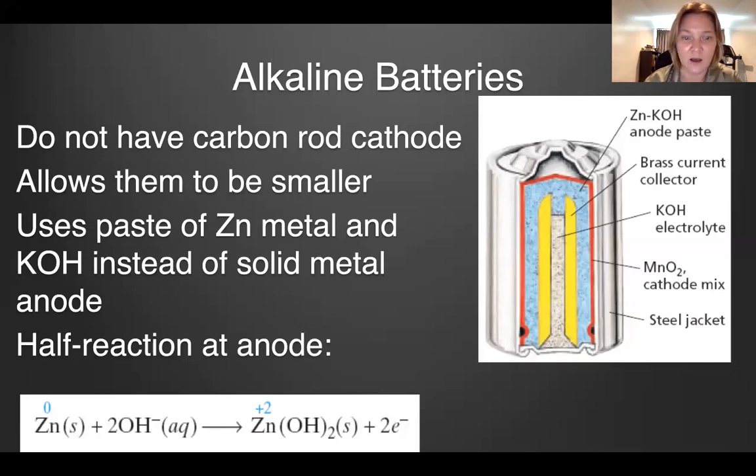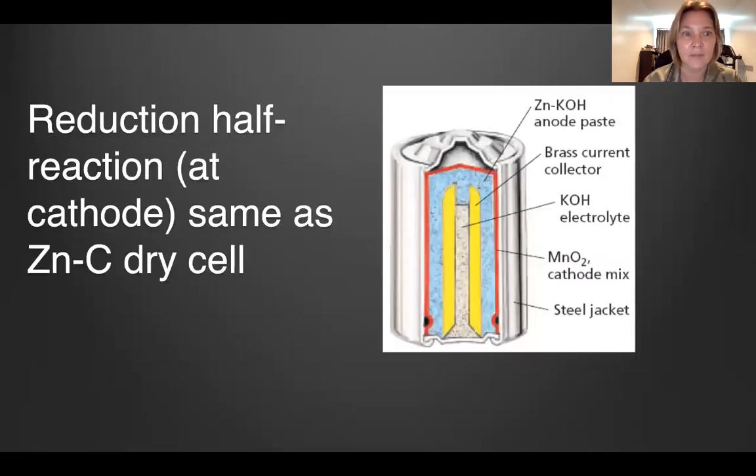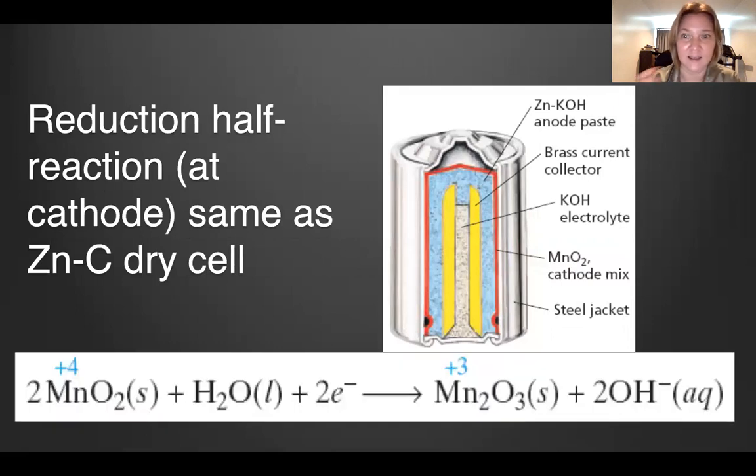Zinc is going to be oxidized to form zinc hydroxide. The reduction half reaction, which occurs at the cathode, is the same as the zinc carbon dry cell, and that is the manganese dioxide in the presence of water being reduced to Mn2O3.